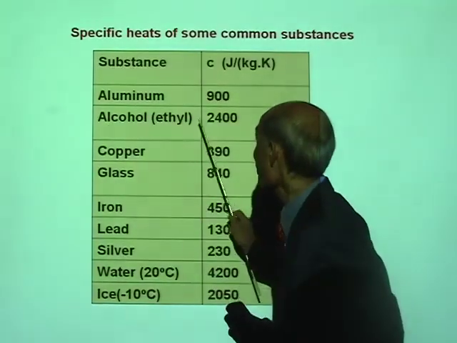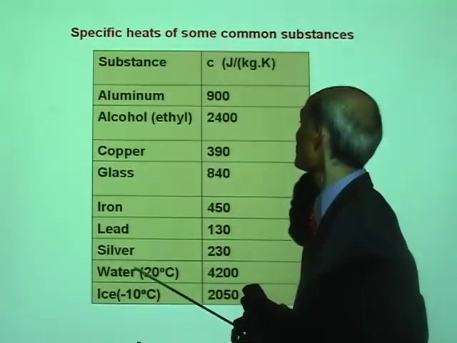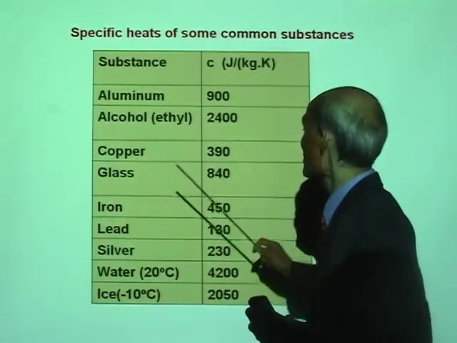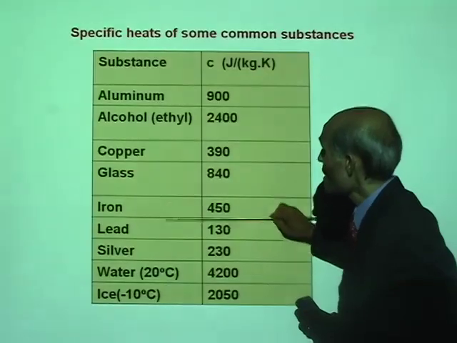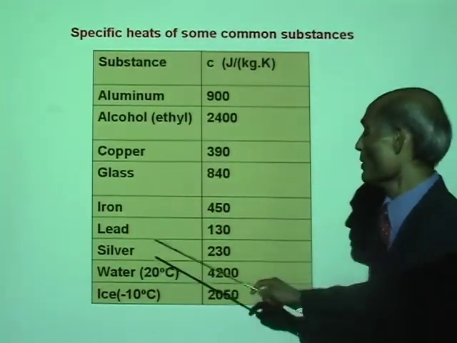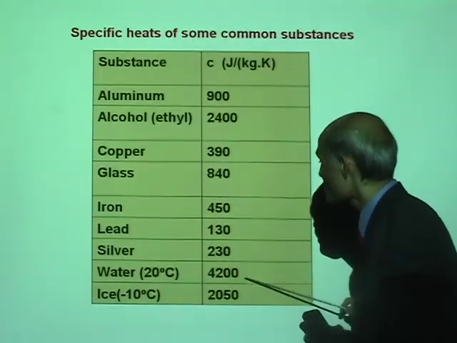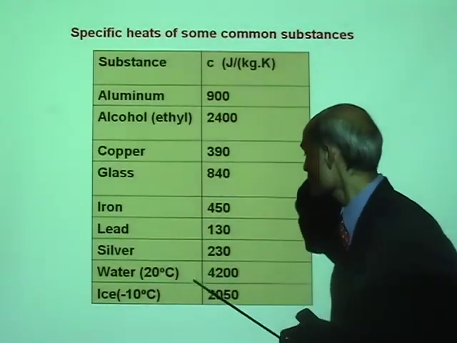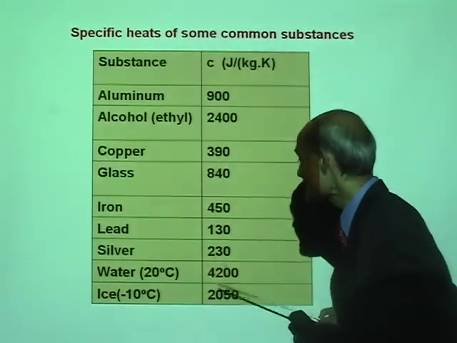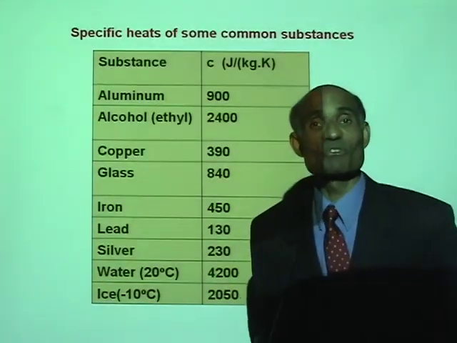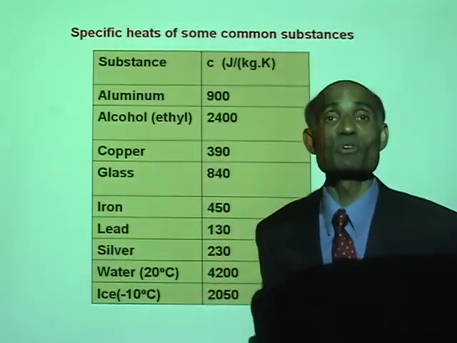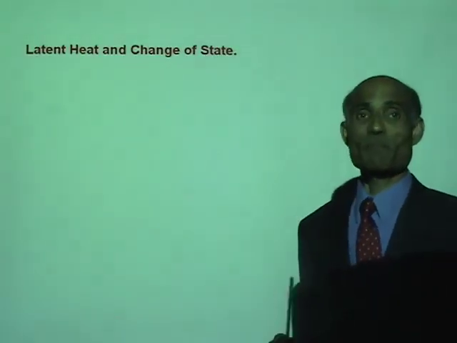For alcohol, that value is 2400. For copper, it is 390. So I have a number of substances and their specific heat. Water at room temperature is 4200, and the specific heat of ice is 2050. Alright, we might use this, so keep a note of this in your book.